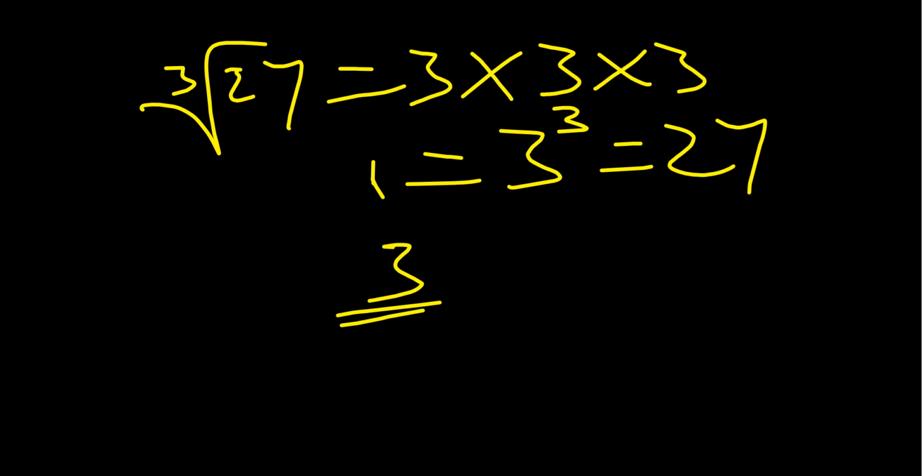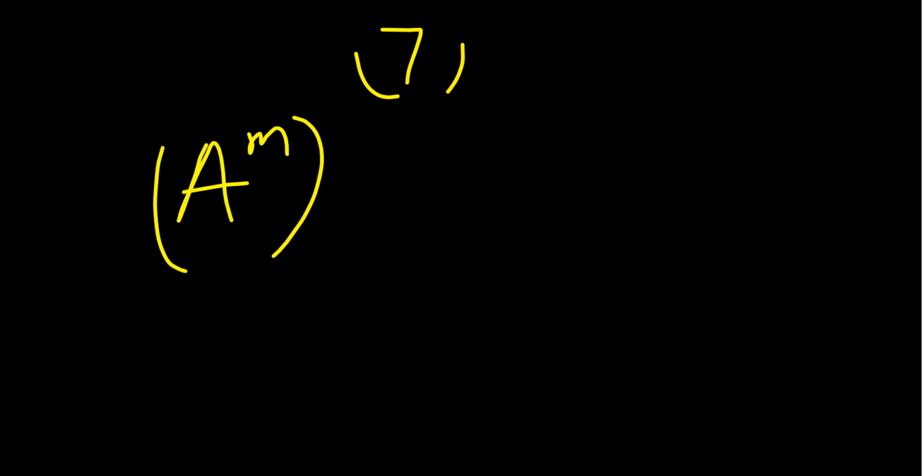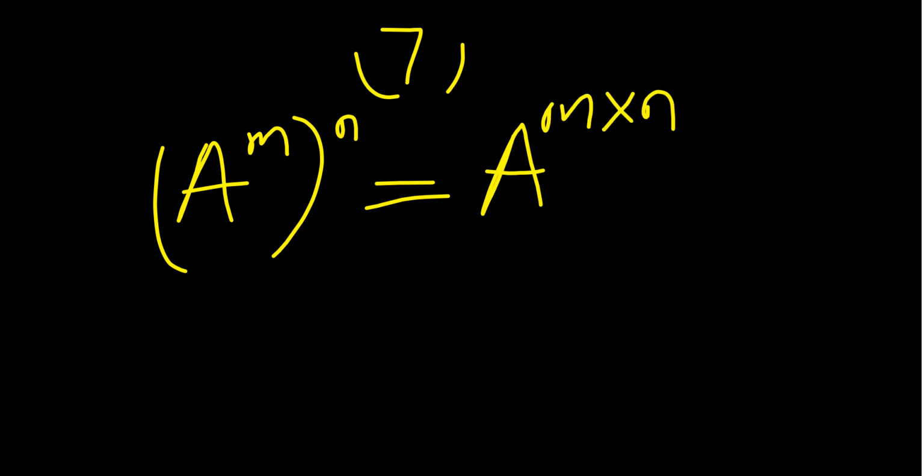Let's go to the next one, which is rule number 7. It says if a base is raised to a power and also to another power, multiply the powers. If you have a raised to power m raised to power n, it is very simple to do. Just say a raised to power m times n is equal to a raised to power mn.